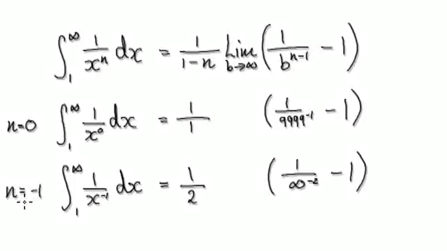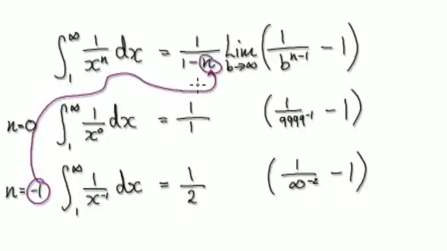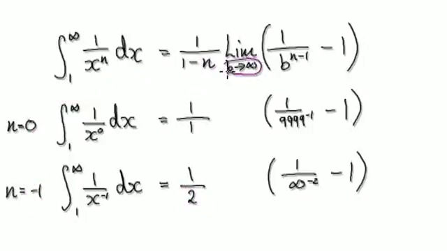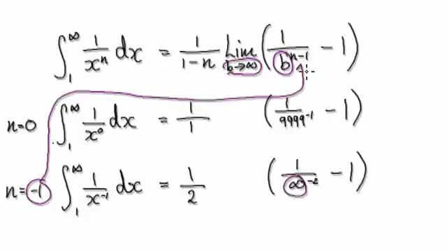Now, in the case of n equals -1, put this into here. So you've got 1 take away -1, so that will be 2, and then allow b to head towards infinity. When you put -1 into this n here, this thing here will then become -2.